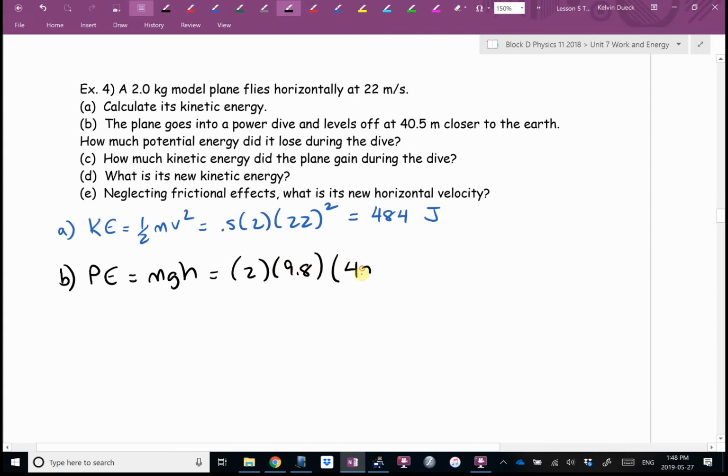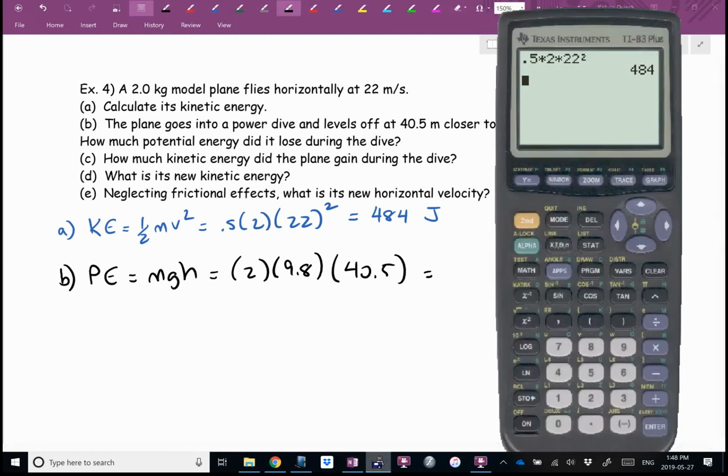The height is 40.5. Now, this is an energy loss because we're diving down. Our height is decreasing. So that's why I said how much it lost. What do you get when you go 2 times 9.8 times 40.5? You get 793.8?